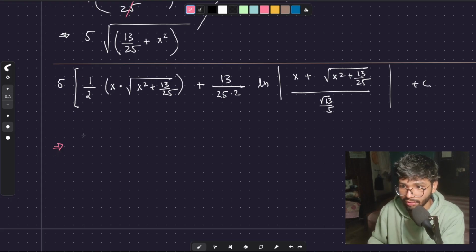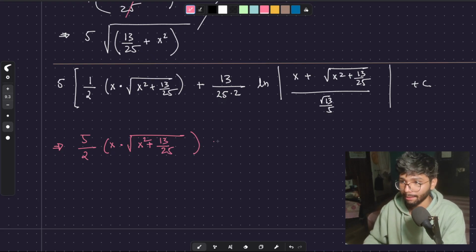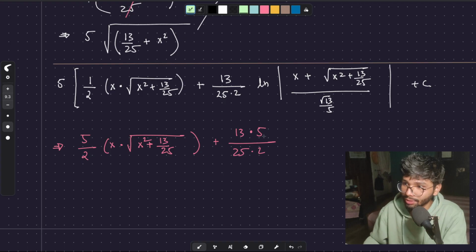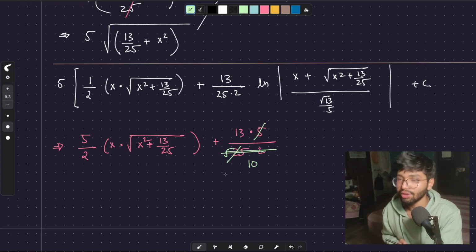So 5 over 2 x times the thing that will repeat itself. Again, this is x squared. Great. And then this is 13 times 5 and 25 over 2. You know, this is going to get cancelled. So this is just 5 and we'll have a 10 over here.